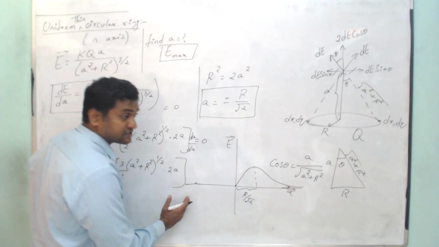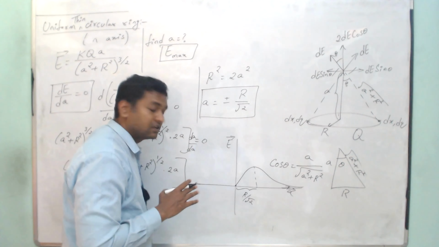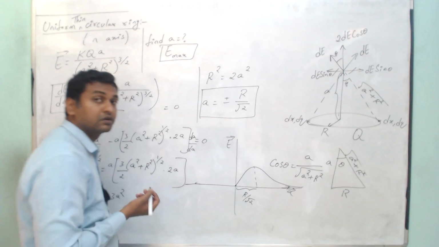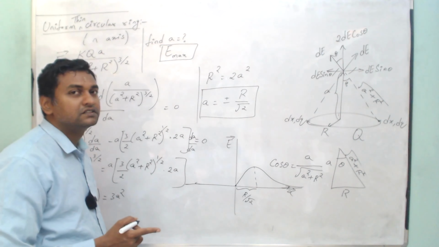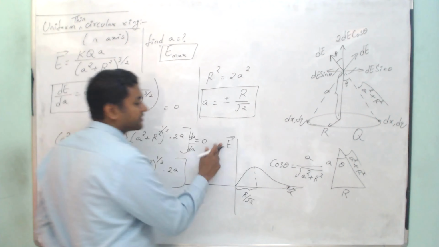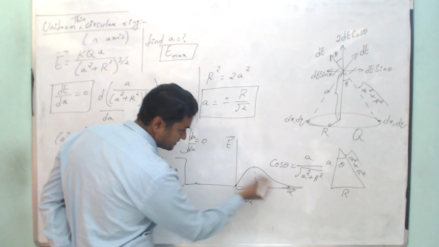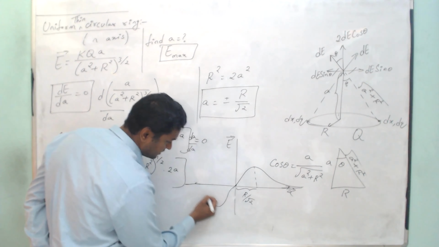On the negative axis also, will I have a graph or not? Should I go up or should I go down? It will be down, because it's negative, because electric field is a vector. So the same graph over here, I will go something like this and come.